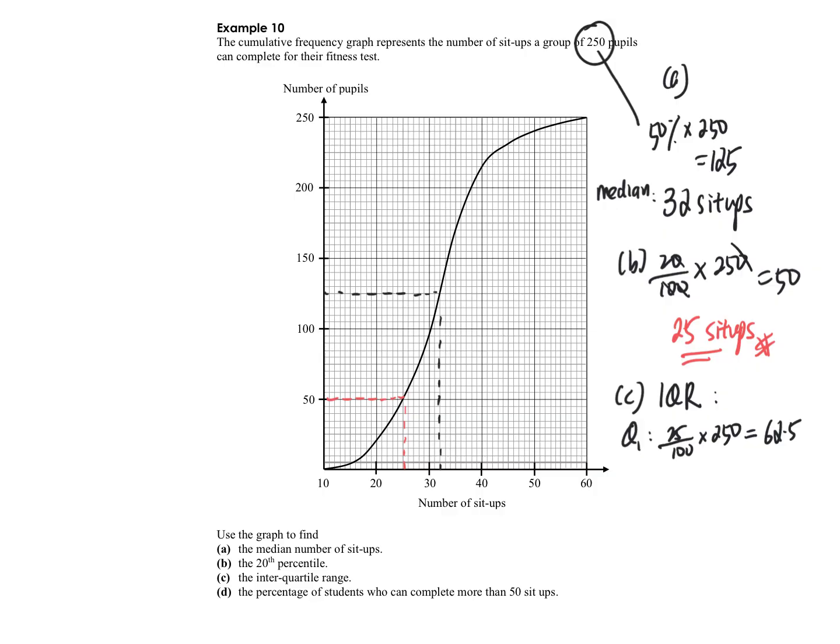What is 250 divided by 4? Correct. Okay, so go and read your 62.5. So every 2 box is 10. So 60, 70. So actually 62.5 is here. This one is 60, right? 1/4. So half a box.